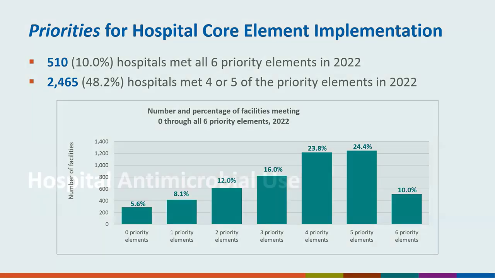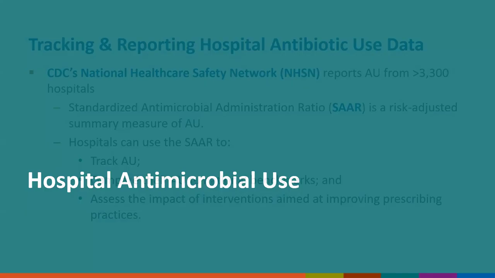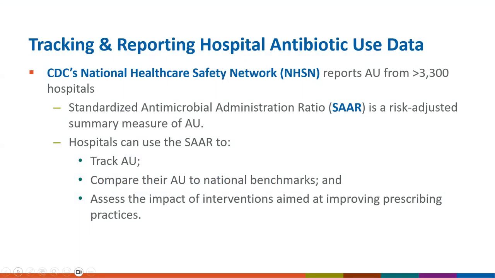We'll shift to hospital antibiotic use data. Hospital antibiotic use surveillance is based on the AU data reported to the NHSN AU option, which currently has over 3,300 hospitals that have ever reported. These data are used to report the Standardized Antimicrobial Administration Ratio, or SAR, which is a risk-adjusted summary measure of AU.